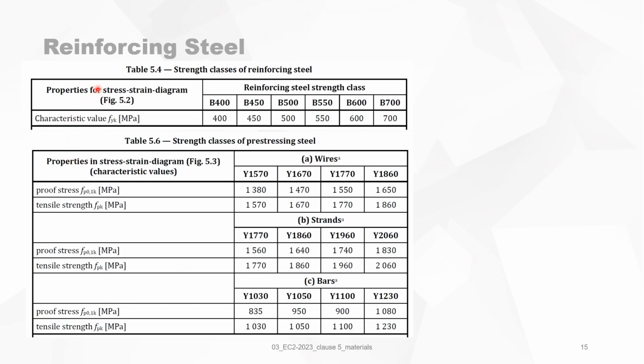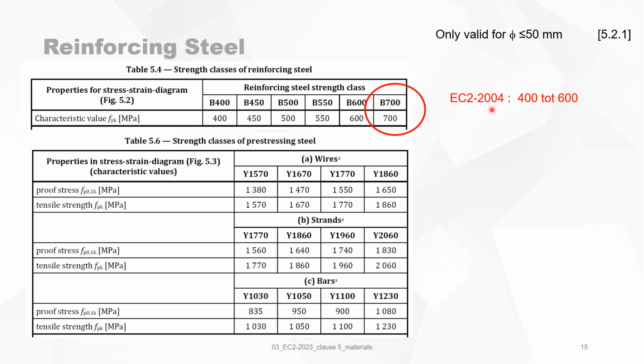Then we have the strength classes of reinforcing steel, which is very handy, this table. You see immediately now that the different strength classes are clearly defined: 400, 450, 500, 550, 600, but they added one strength class, which is B700.